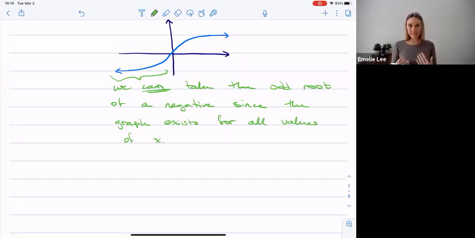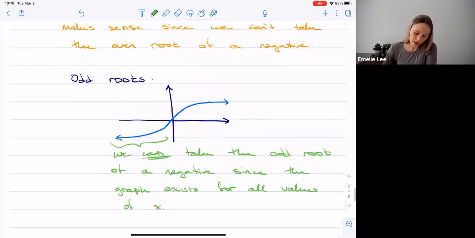Right, so that is the main point. Okay, so we can kind of lump these up into even and odd roots. Same thing with the reciprocal function. So the reciprocal function, 1 over x or 1 over x squared or 1 over x to the 3, whatever.